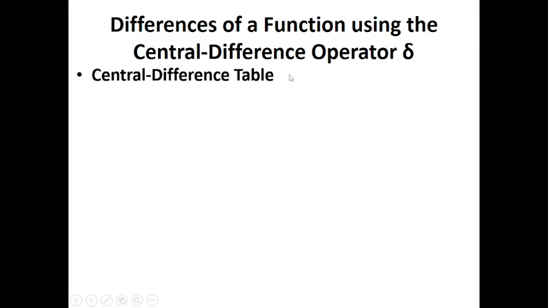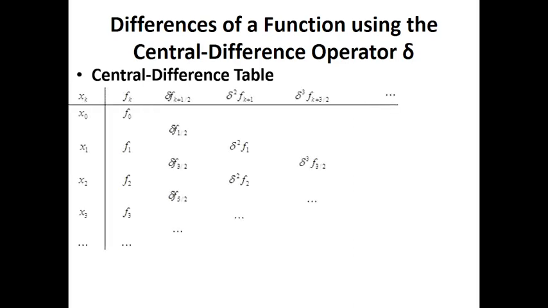Alright, so we have here the central difference table. In my previous discussion, I introduced to you the forward or advancing difference table. This time, we're going to talk about the central difference table. So this is the central difference table, as you can see.